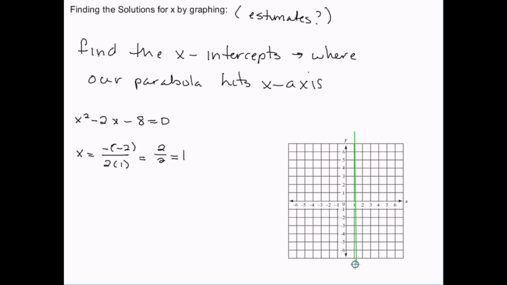So bring that down. And then my y-coordinate of the vertex, I'm going to plug that 1 in, and I get 1 squared minus 2 times 1 minus 8. Oh dear, that gives me a -10, doesn't it? Alright, well we'll just change the scale.